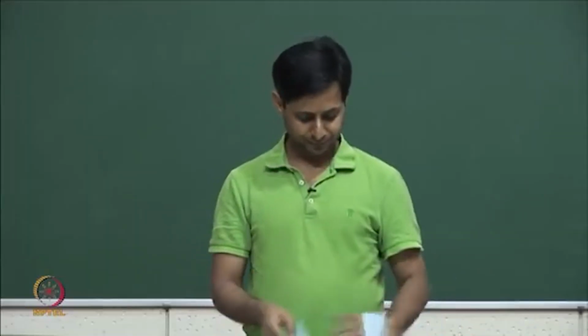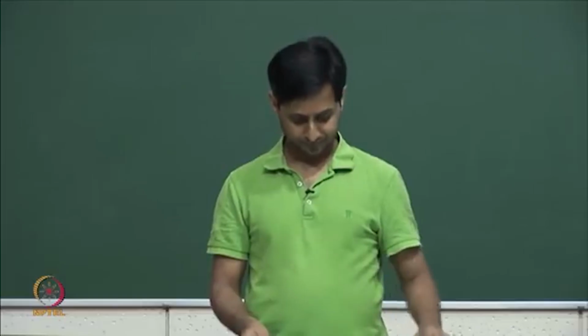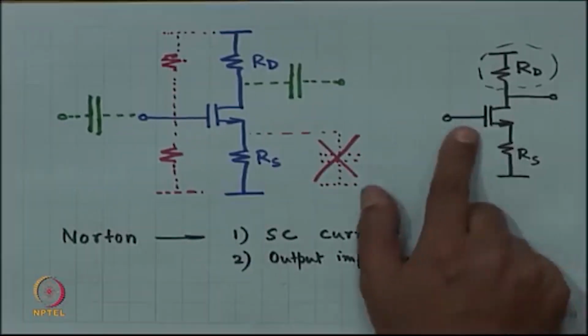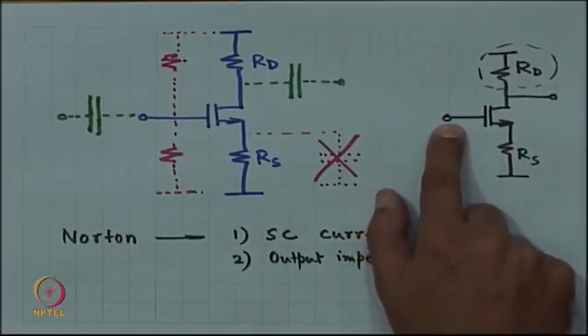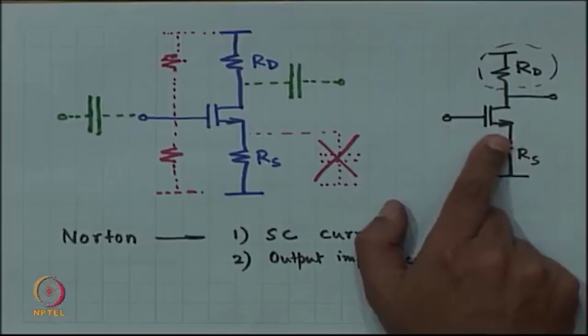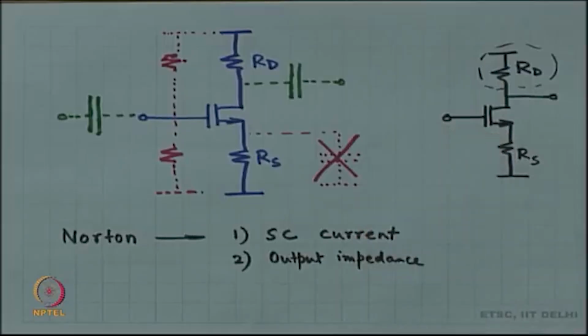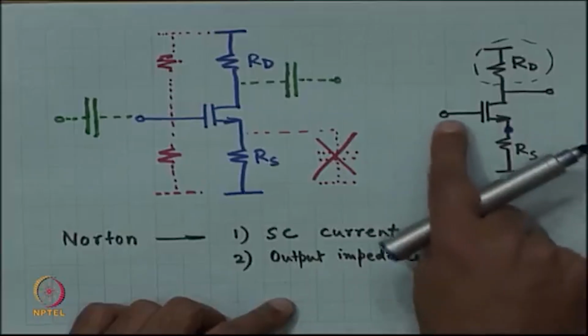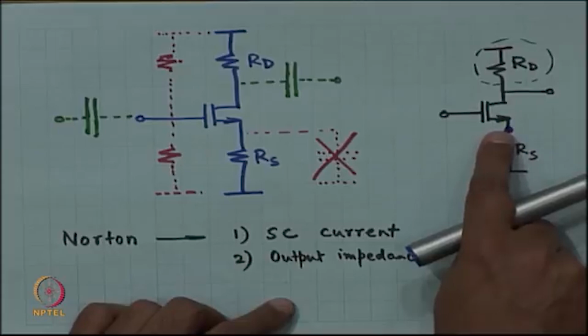Let us look at it in a different way. This was the circuit. Okay. So, if you say that you have got a source follower, common drain circuit, the drain resistance did not really matter, right, at that time, in which case the voltage over here is more or less equal to V in.